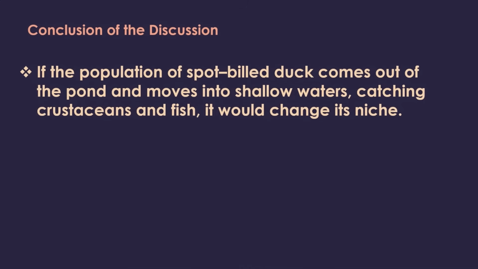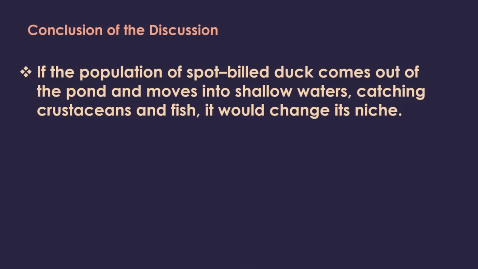The students may answer that the spot-billed duck will come out of the pond and move around the pond for getting its food. Its preferred feeding may move from vegetation to crustaceans and fishes, as the pond vegetation is not available for the spot-billed duck, isn't it?